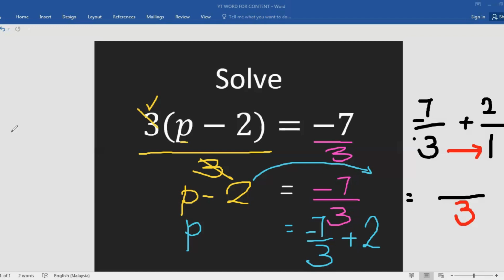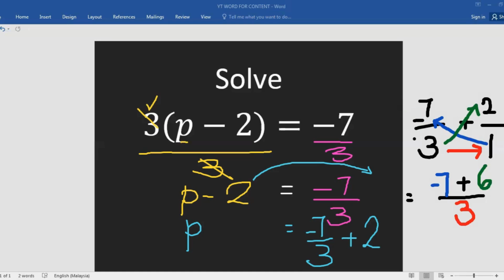Next, I use blue. 1 times negative 7 is negative 7. That's it. And the last one is 3 times 2, all positive, which is 6. You see, 1 times negative 7, negative is up here.